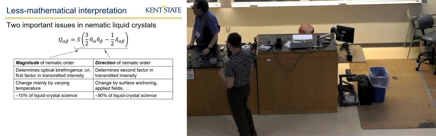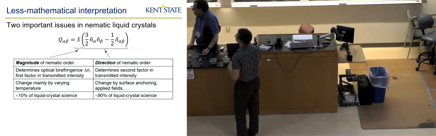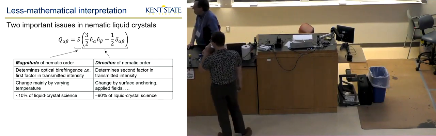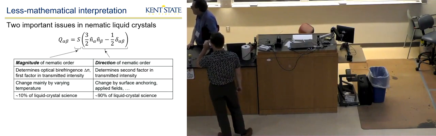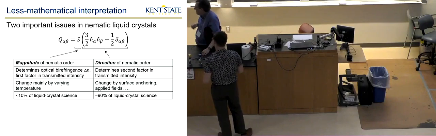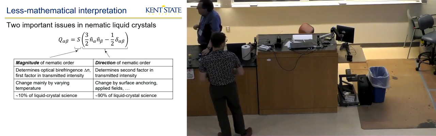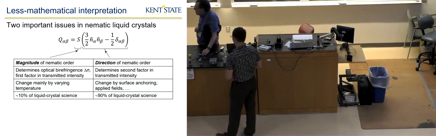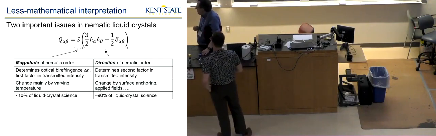Now, in 3-dimensional physics, it would be trickier. You would need to use spherical harmonics to characterize the distribution of orientations. These things with the tensor order parameter are characterized by spherical harmonics with L equals 2. So it's like what you were saying with gravitational waves, right?